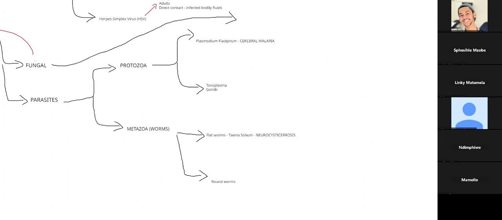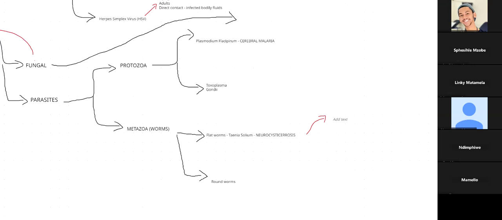Speaking about neurocysticercosis, how do you treat it? Treatment includes antiepileptics, which is very non-specific, and then the direct therapy is anti-helminth therapy.